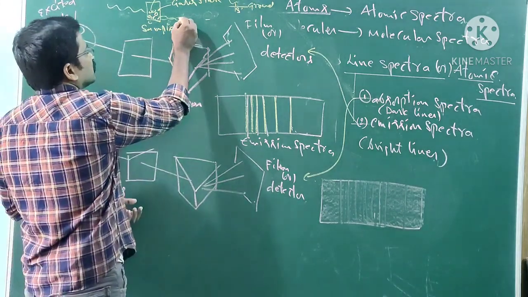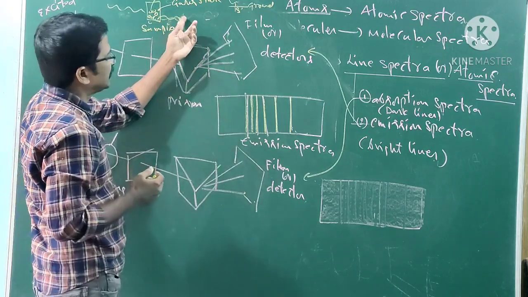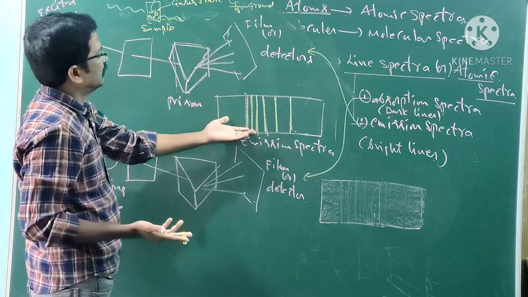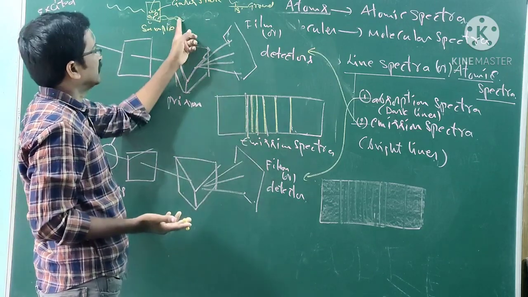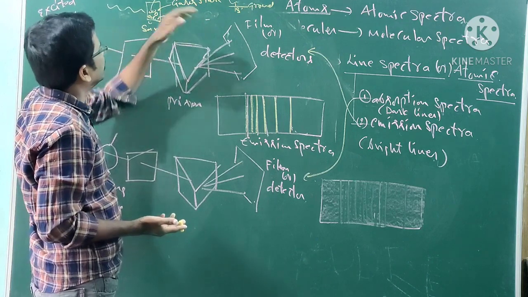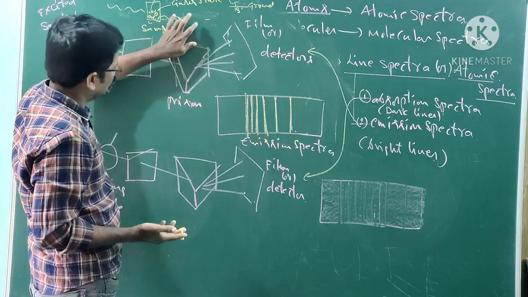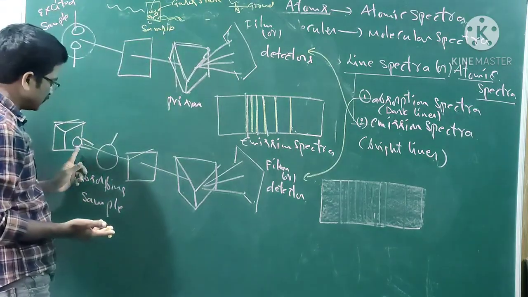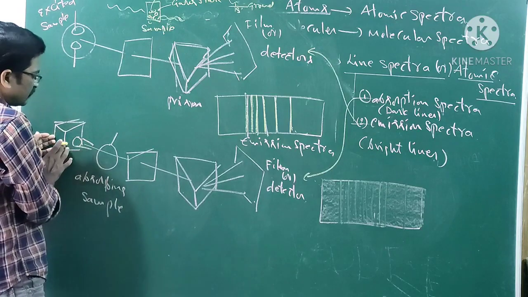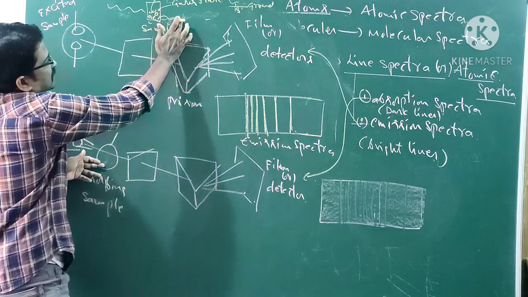Because of this electromagnetic radiation, we get the spectra for this emitted radiation. Here the projection is white light falling on a sample, then some energy is missing like this.